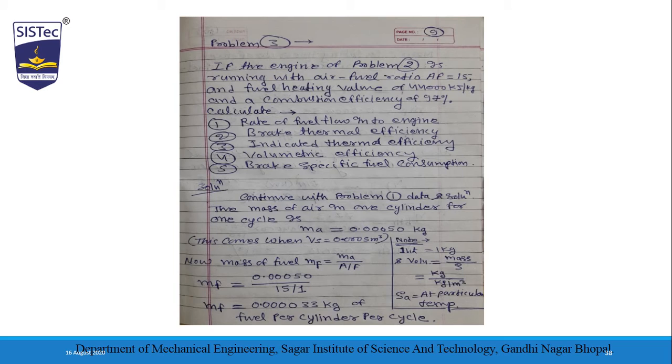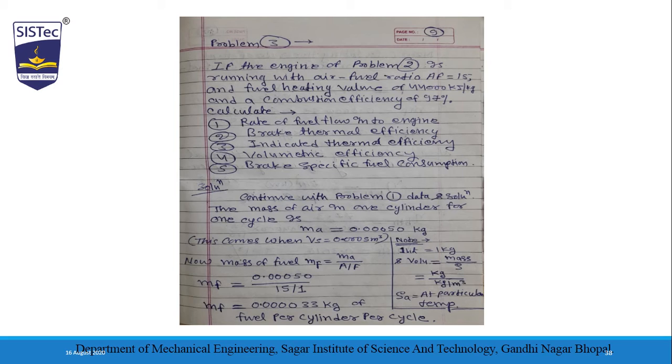Now the mass of fuel equals the mass of air divided by the air fuel ratio. As we know, the mass of air is 0.00050 and the air fuel ratio given in the problem is 15:1, meaning 15 gram is air and 1 gram is fuel.